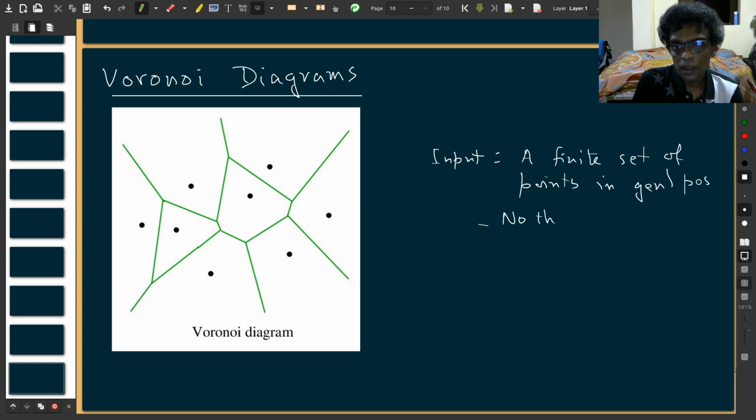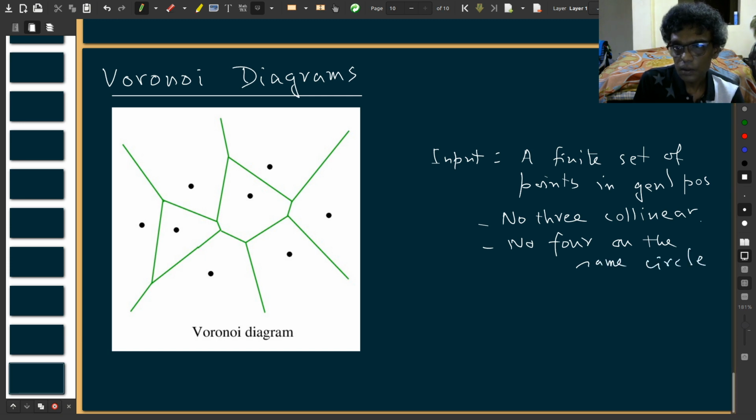No 3 collinear, no 4 on the same circle, and maybe a few other things. If you are given 3 non-collinear points, there is a unique circle, and we assume that no fourth point will appear on that circle. So, points in general position.